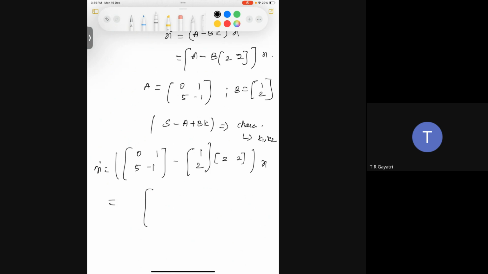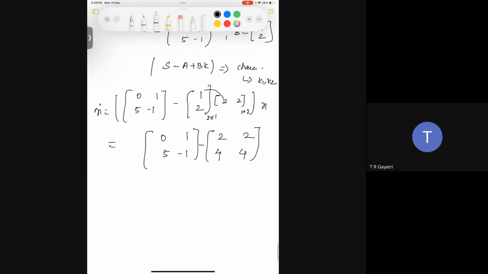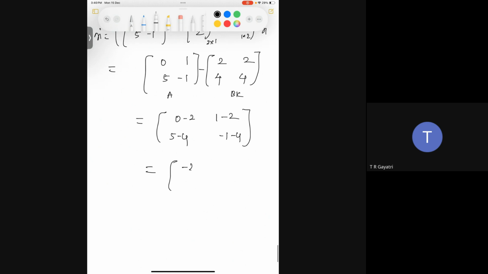So what you will get: 0, 1, 5, minus 1 as it is. This is 2 cross 1, 1 cross 2, so the 2 cross 2 you should get is 2, 2, 4, 4. So this is your BK. This is your A. Now 0 minus 2, 1 minus 2, 5 minus 4, minus 1 minus 4. This is your minus 2, minus 1, 1, minus 5. So this is your A minus BK.